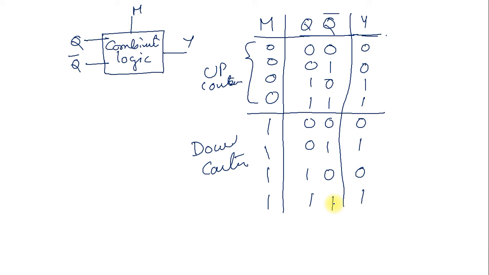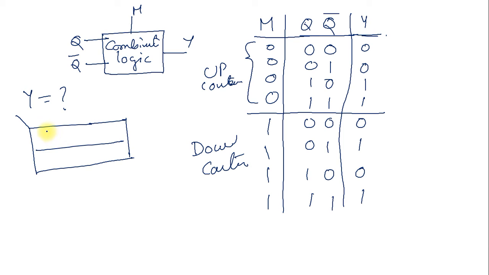Now we have formed the truth table. From here we can get the logical expression of Y. So how can we get the logical expression of Y? By using the K-map. Here 8 variables are there, so I can write the 8 variable K-map. Here MSB, M and Q complement: 0 0, 0 1, 1 1, 1 0 and 0 1.